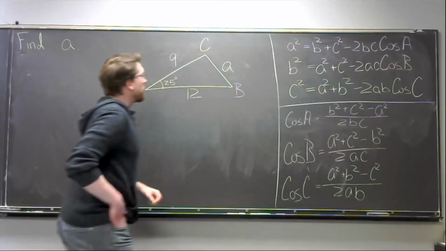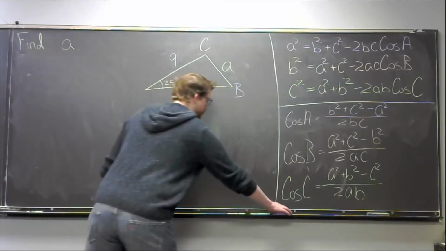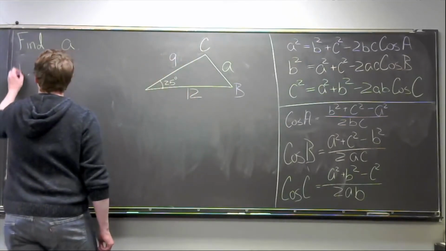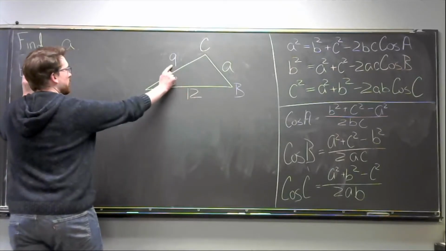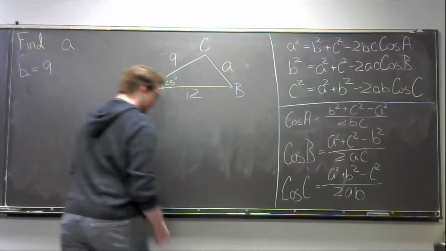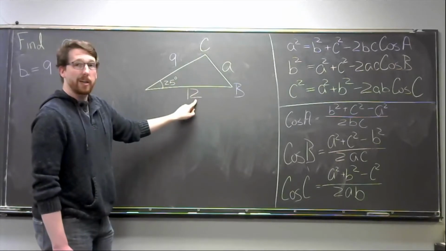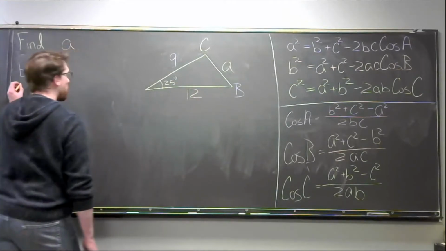We know from this setup that B is going to be equal to 9. The length C is going to be equal to 12.